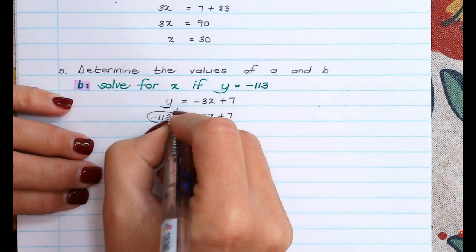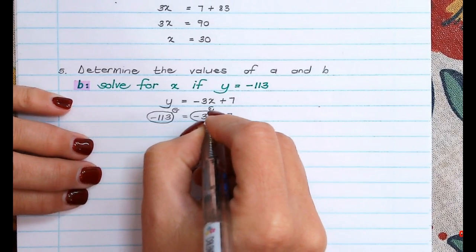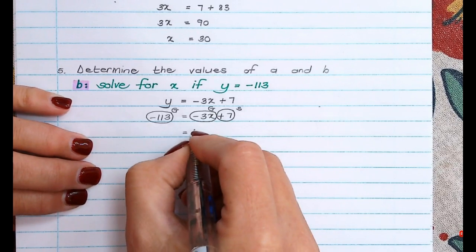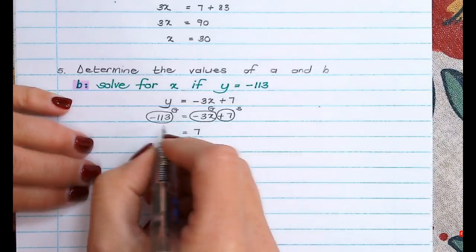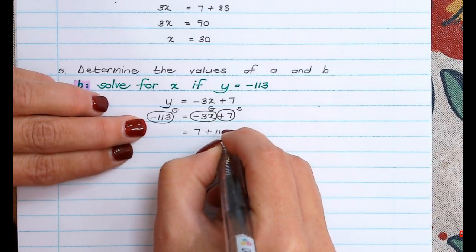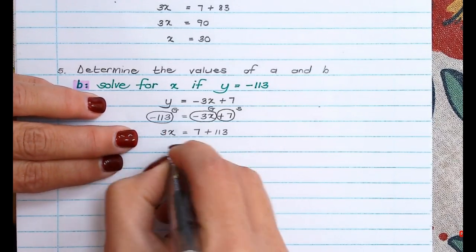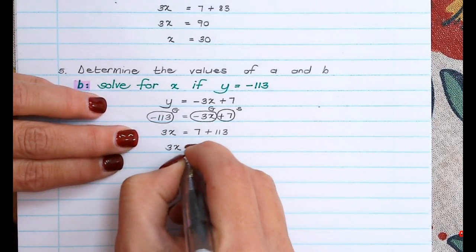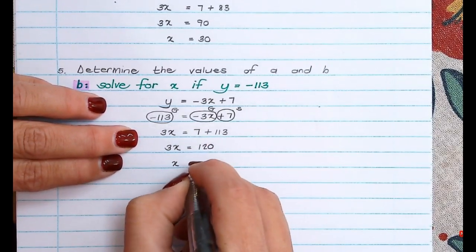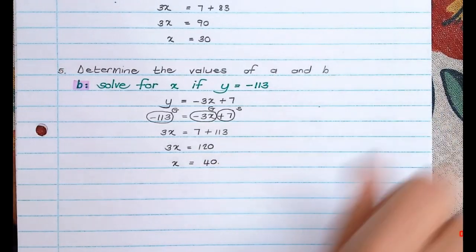Minus 113 must go. Minus 3x must go. And the plus 7 is the only one that stays. First write down the ones that stay. Minus 113 becomes plus 113. Minus 3x changes to plus 3x. So in other words, now when I simplify, it equals 120. Divide by 3 on both sides. So x will be equal to 14.